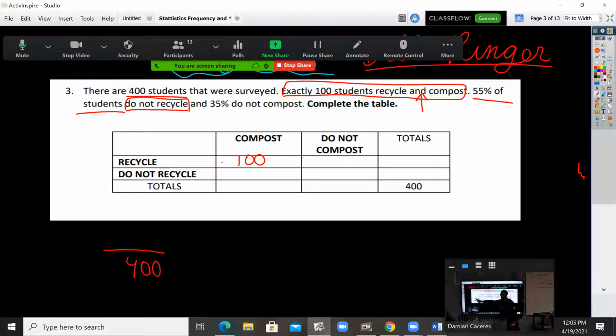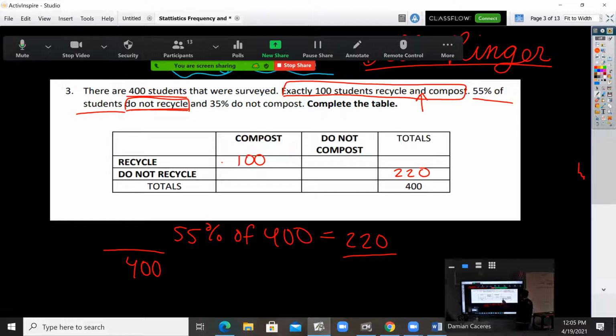That tells you it's a total value. So here, do not recycle. The total is what we get when we get 55% of 400. So multiply it, it gives us 220. So the total for do not recycle is 220.